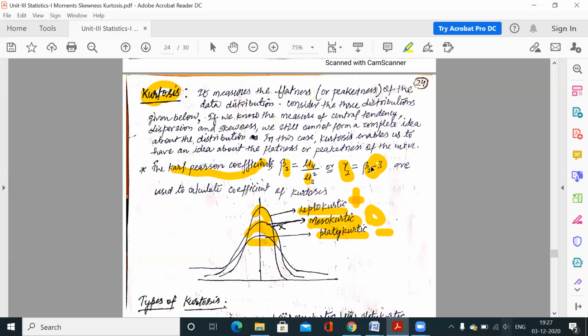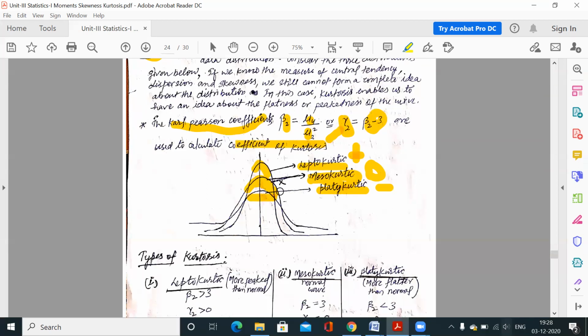If gamma 2 is greater than 0, it is leptokurtic, meaning kurtosis is positive. If gamma 2 is less than 0, it is a platykurtic curve, meaning kurtosis is negative. Clear? This gamma 2 is called the coefficient of kurtosis.